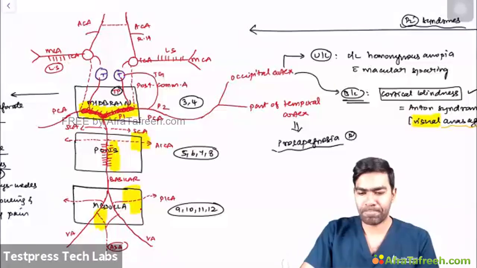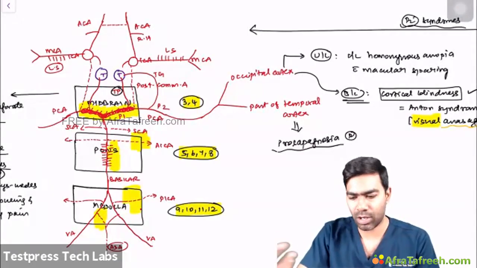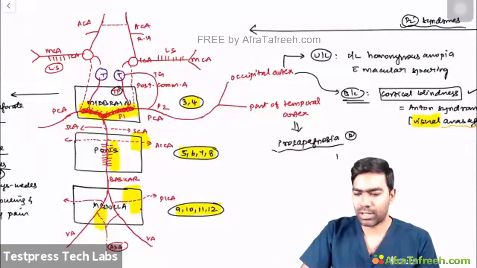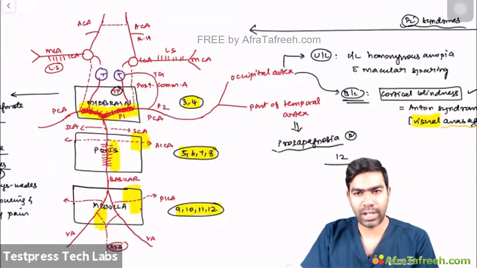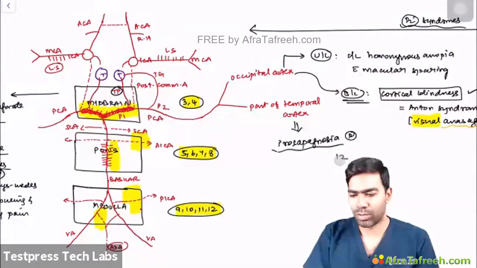Then, in that, among the cranial nerves, there is a clue: 4 cranial nerves are basically in the midline, or in the middle. What you're going to do is pick up the cranial nerves whose numbers divide the number 12 equally without any decimal points. What do I mean by that?